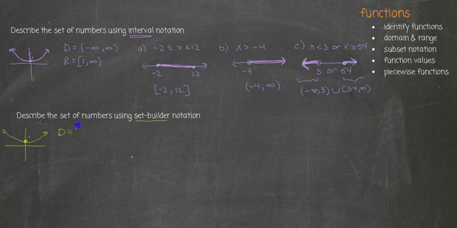So I open the bracket and I say I'm going to talk about x values such that, that's what that line means. So this is the set, which is what a bracket means, of x values such that, and in this case I would say x is just included in the set of real numbers.